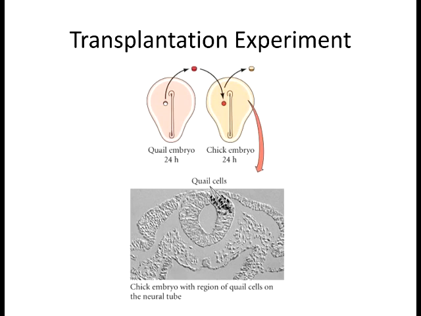So transplantation experiments like this typically are used in fate mapping. Again, fate mapping is used to determine where these cells end up. And by knowing where these cells end up, we can start looking at some of the factors that predetermine how those cells are going to become part of the neural tube and part of the brain and spinal column and things of that sort.